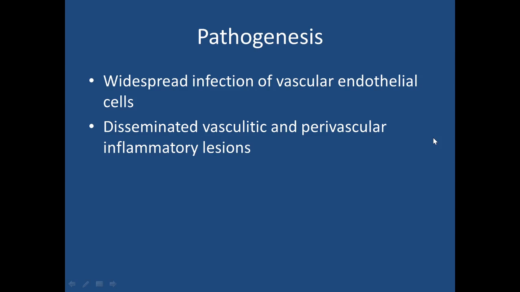Okay, then another important thing is what our body does in response to this vasculitis. It is not well studied or researched in case of scrub typhus, but in case of Rocky Mountain spotted fever they have researched more about what our body does. So the basic mechanism is the same.